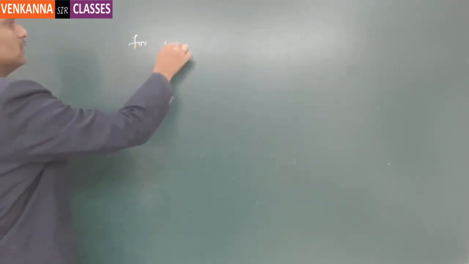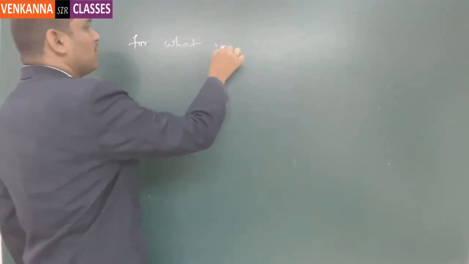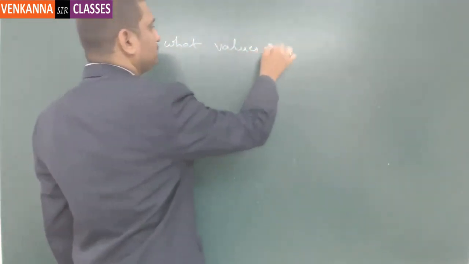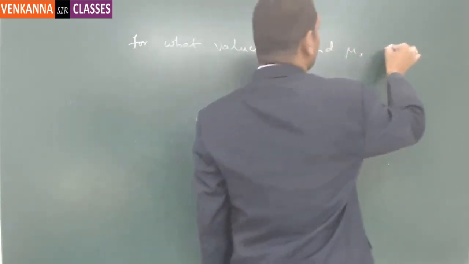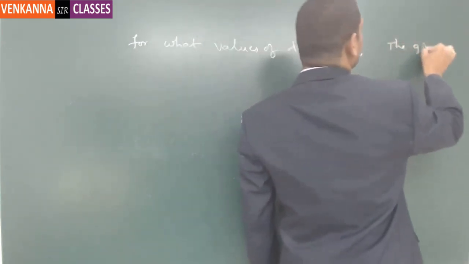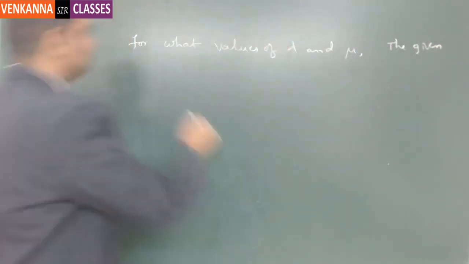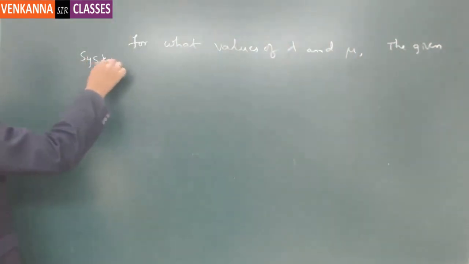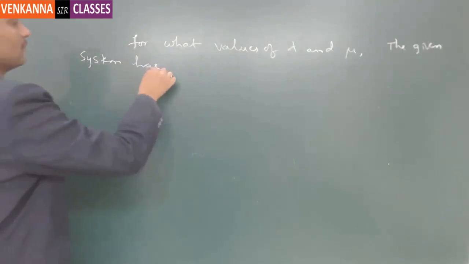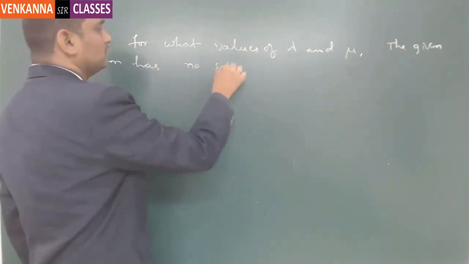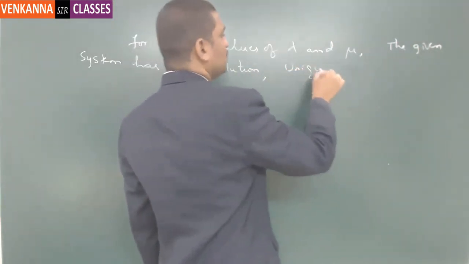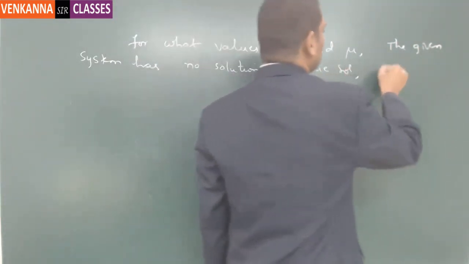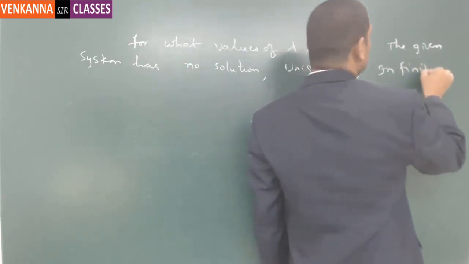The question is: for what values of lambda and mu does the given system have no solution, unique solution, and infinite number of solutions?